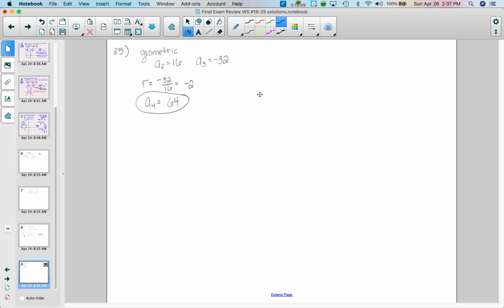And so then what I did is I just went, okay, so we have 16, -32, and we just need the next term. So this is a sub 2, this is a sub 3, so the next one is a sub 4. So we just multiply -32 times -2, and that's where the 64 comes from. So that one you can just kind of figure it that way. So hopefully that helps as you went through and did that.